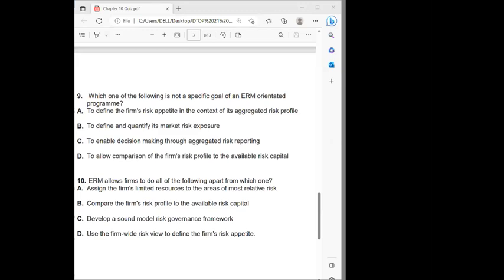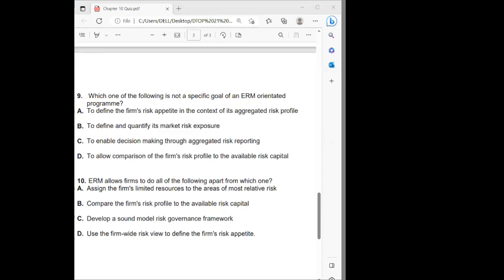Right, I've got 4 responses. Let's see the question. Which one of the following is not the specific goal of an ERM-oriented program?